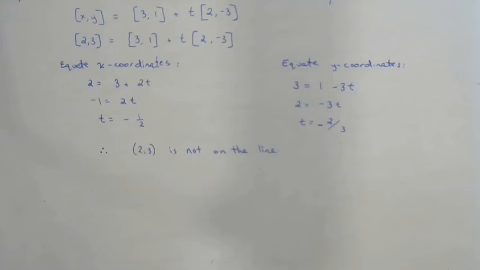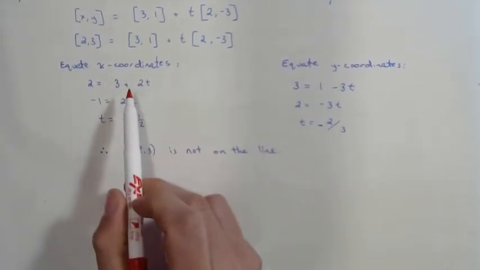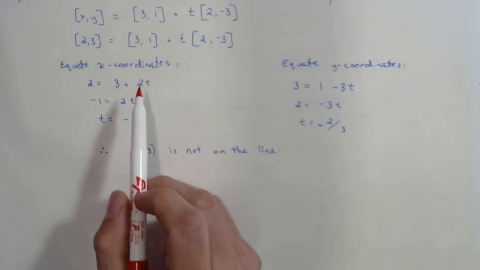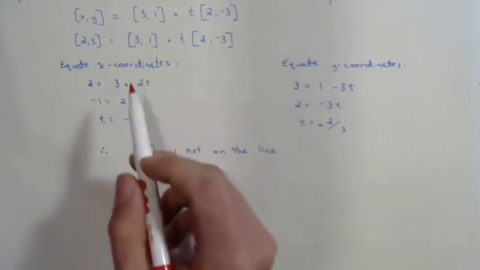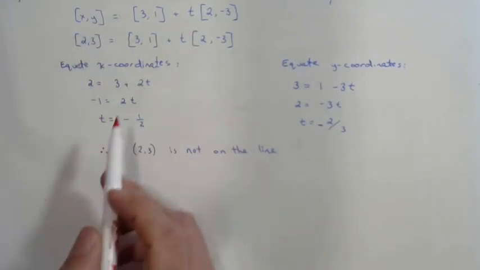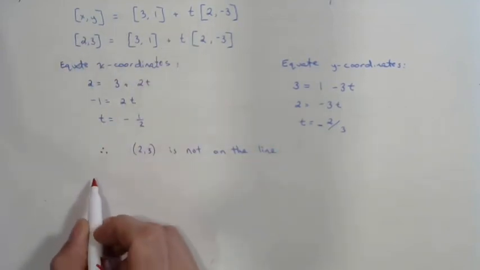Okay, this concept of splitting vectors into their components and equating coordinates gives us the idea of parametric equations. It's based on exactly this idea. So if I rewrite this in our general term, maybe I'll do that first.